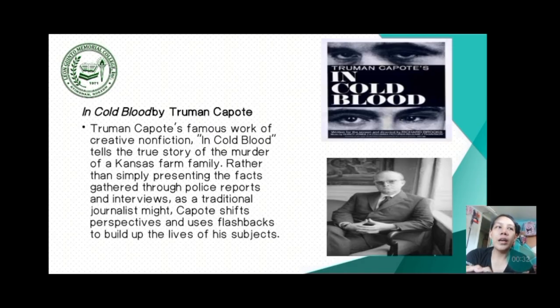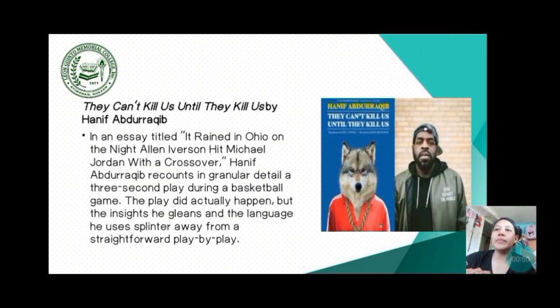So he uses flashbacks and the point of view of the people involved in that murder. It's a factual story, but he uses flashbacks so it will be more engaging too.